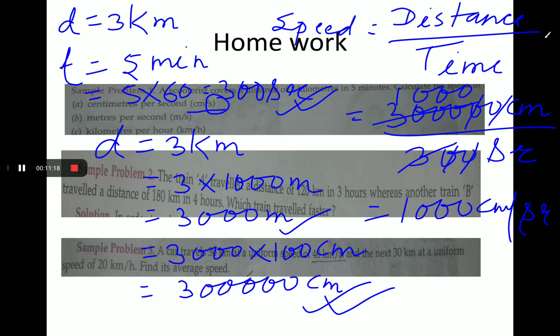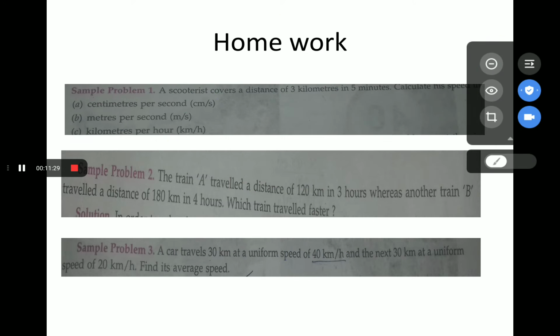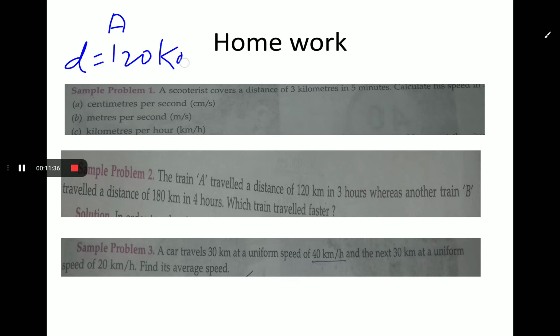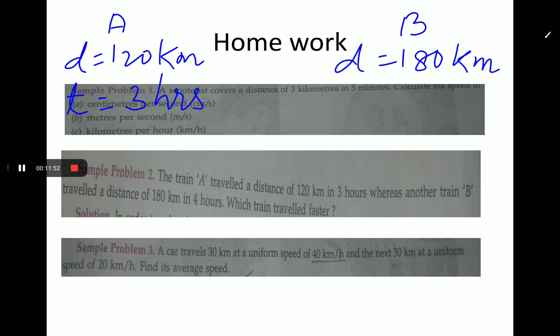Student, one question I solved and the remaining 2 questions are for you. So you have to solve them. Now in the second question, there is a train A and train A travels a distance of 120 km, and for traveling this 120 km it takes 3 hours. And another train B travels a distance of 180 km and it takes 4 hours.